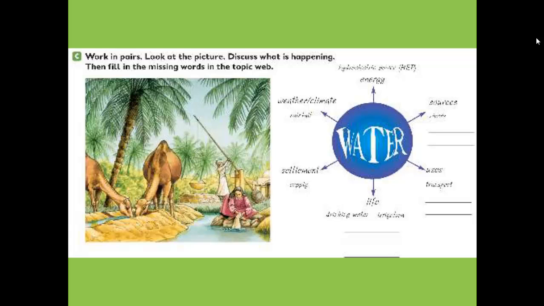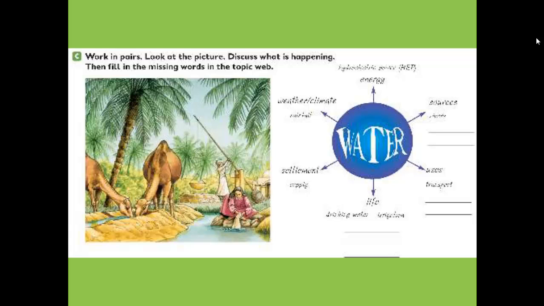Now practice number C. Work in pairs. Look at the picture. Discuss what's happening. Then fill in the missing words in the topic web. Here we have a picture. We can see 2 camels. Some people are using water here.